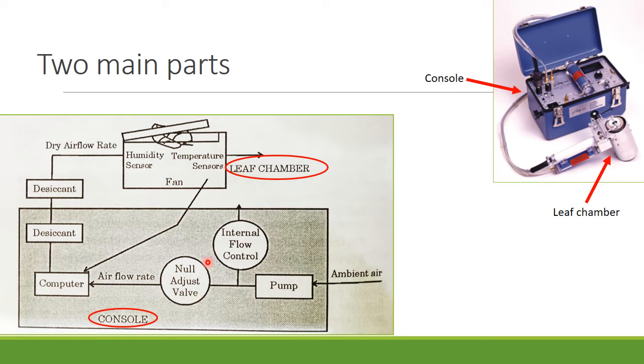And the other part goes to the null adjustment valve. The null adjustment valve limits the maximum flow rate entering the chamber and therefore forces a major airflow to escape from the system.